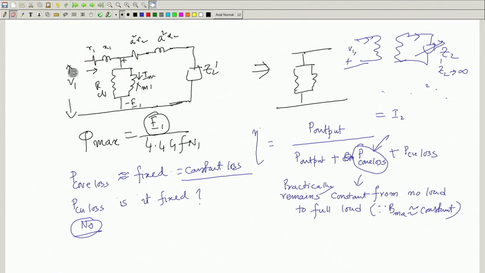In terms of the approximate equivalent circuit, it is copper loss. Oh, sorry. I will write with a different color. Copper loss at any current I2 on the secondary side will be I2 dash squared into Re1.